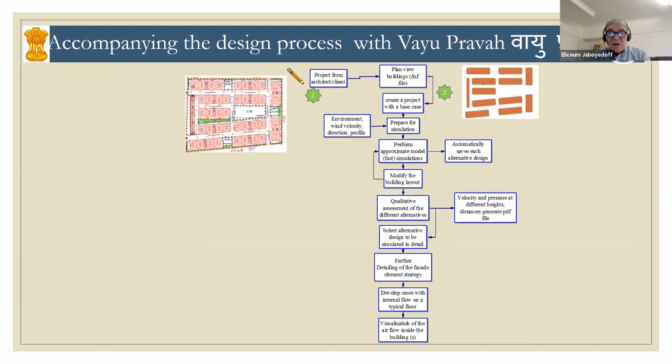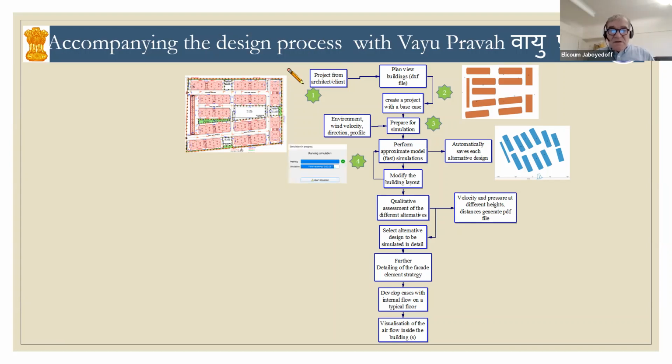Then you can create a project, create a case and create a variation number 1, and then, after preparing for simulation, you can run the software. You get an approximate answer, normally within a few minutes, because it's very fast modeling, purposely, with what we call the approximate mode.